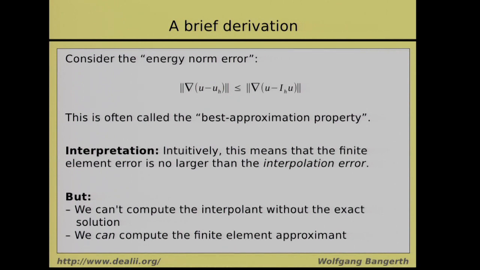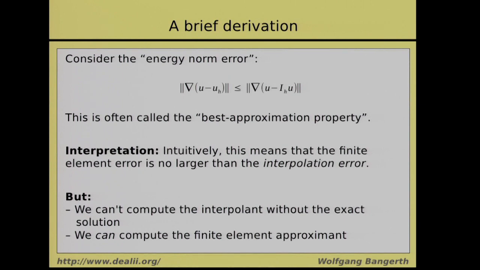So there's of course a problem here, and the problem is that we cannot compute the interpolant IHU because we don't know the exact solution U. Nothing on the right-hand side is actually known. If I knew the exact solution, I wouldn't have to solve it numerically with finite elements.